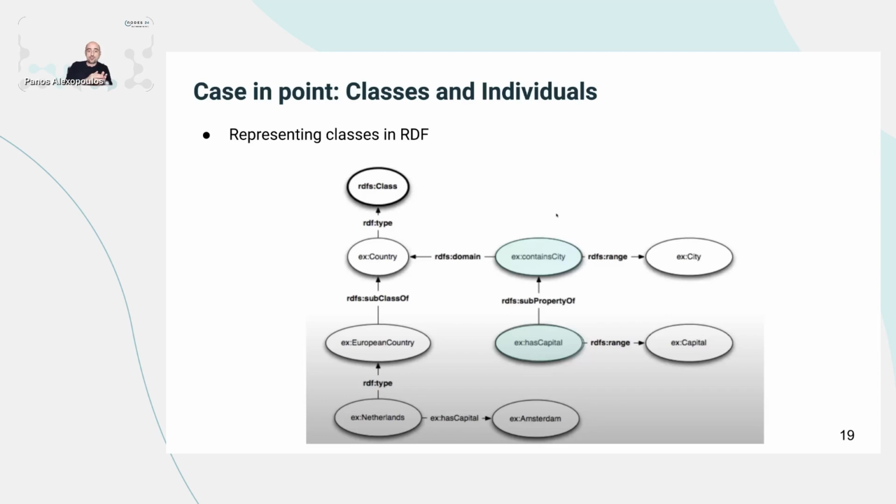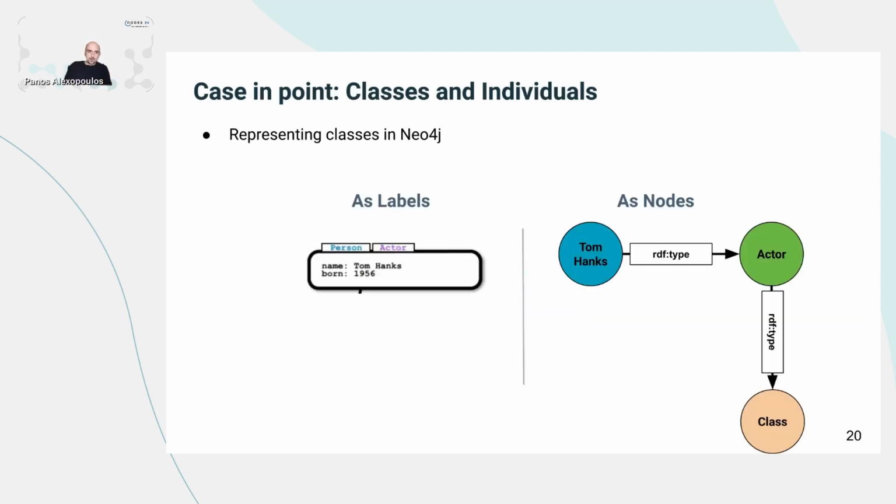And we can also define subclasses, like European country, a subclass of country, through the subClassOf relation. So the question now is, what do we do in an LPG for that? In an LPG, there are mainly two ways that we can do the same thing. One way is to model a class as a label, as we saw in the previous example.